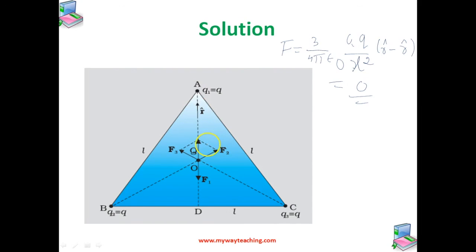So it is clear also by symmetry that the three forces will sum to 0 at the centroid. Suppose the resultant force was non-zero but in some direction; consider what would have happened if the system was rotated through 60 degrees about O.